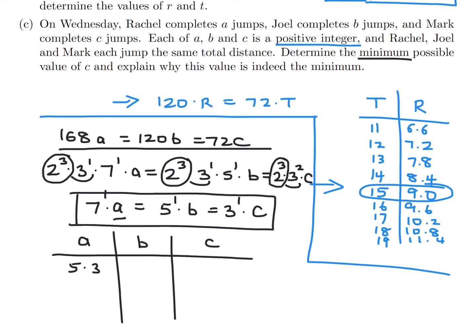So since we're talking minimum, we'll just keep it at the minimum. B is going to have a component of 7 and 3, and C has to have a 5 and a 7. That means the minimum values are 15, 21, and 35. And therefore, the minimum value for C is 35.